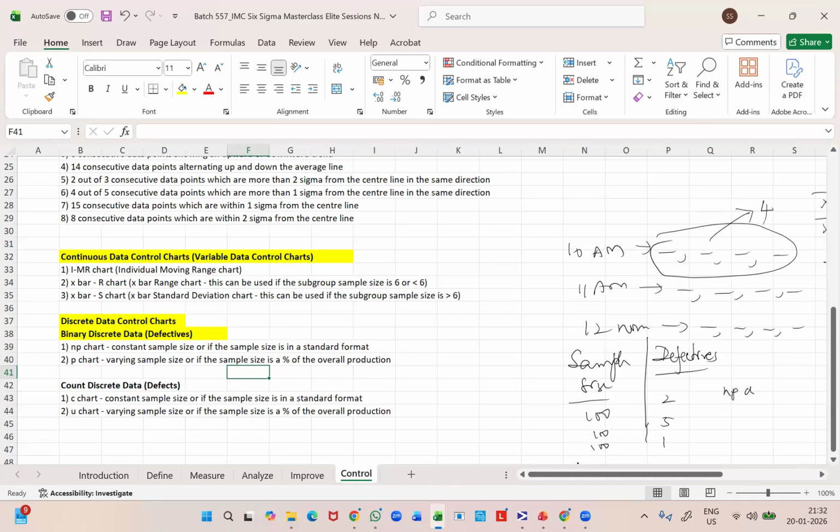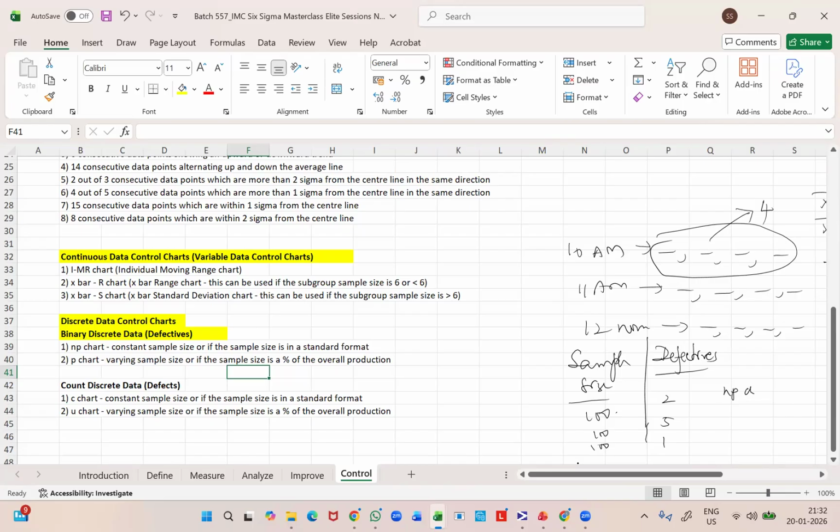But then if you have a varying sample size, one day it is 100, next day it is 120, third day it is 75 and so on, then we'll be using P chart, right? So both NP chart and P chart, we would be plotting the defectives data, but NP chart is to be used if the sample size is constant and P chart is to be used if the sample size is varying.